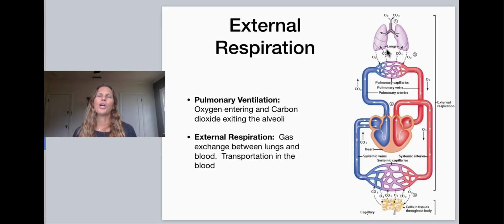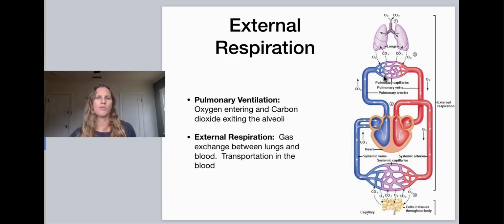If you remember from our cardiovascular lectures, the blood that's coming to the lungs for this gas exchange to occur is coming from the right side of the heart. So it's CO2 heavy and O2 light. It's got more carbon dioxide than there is in the atmosphere ultimately.